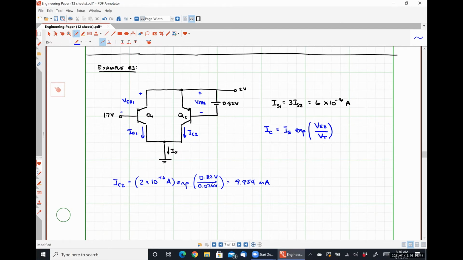It is not 2 volts because that would be the potential difference between the emitter and the collector. It's not 1.7 volts because that would be the potential difference between the base and the collector. It is the difference of those two. So VEB1 should be 2 volts minus 1.7 volts.